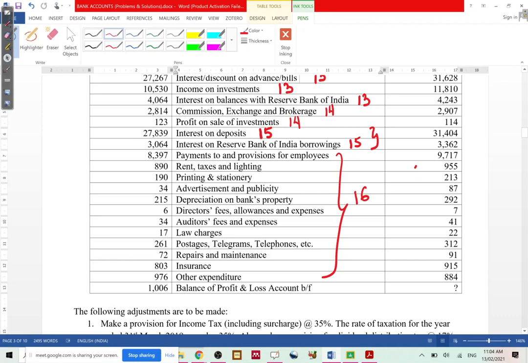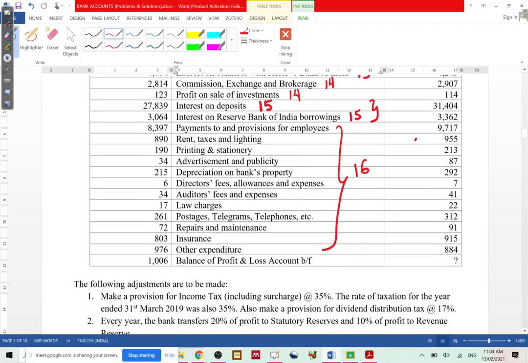Okay, so all the other types of expenses that don't fall in any of the previous categories, they are neither incomes, nor interest expended, nor interest earned. They are just other types of expenses or day-to-day administrative expenses that are incurred by the bank. Okay, so those will fall under operating expenses. So it's a very simple problem where you just have to list out all these under Schedule 16.